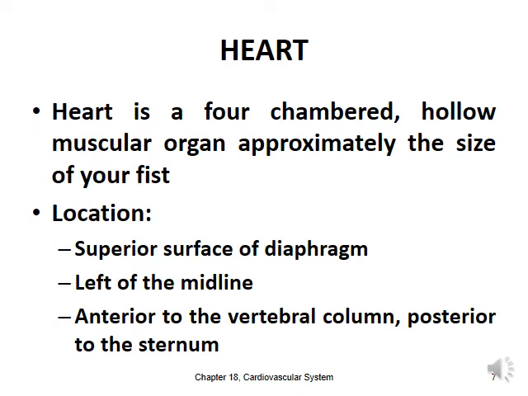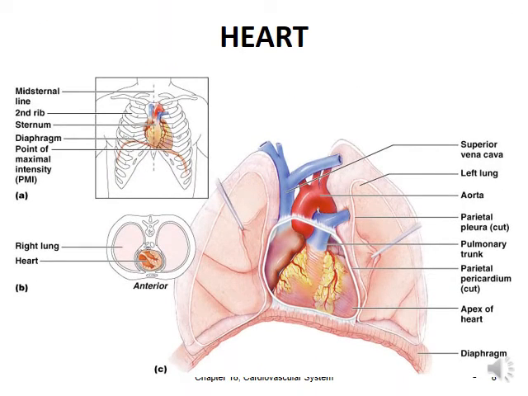Okay, so the heart is a four-chambered organ, approximately the size of a human fist. It is located on the upper surface of the diaphragm, left of the midline, but in front of the vertebral column. So this is in general where the heart is located.